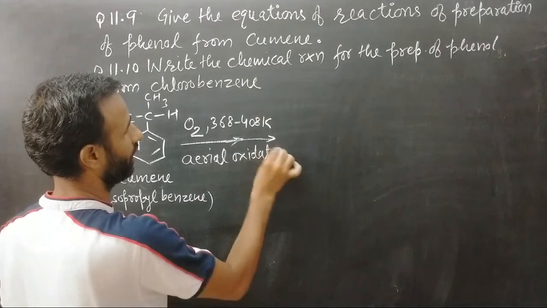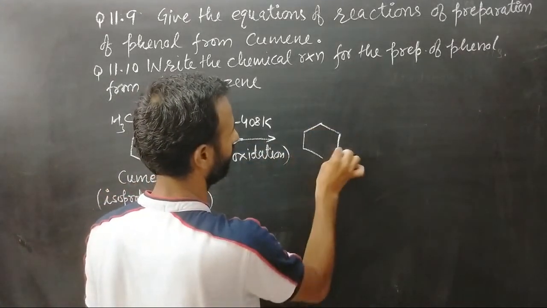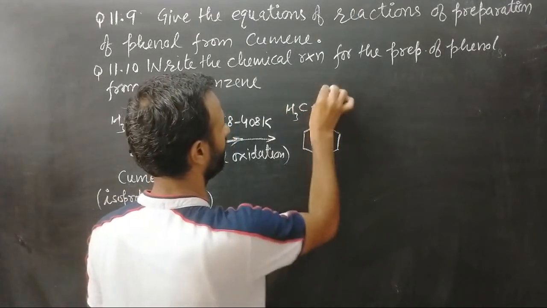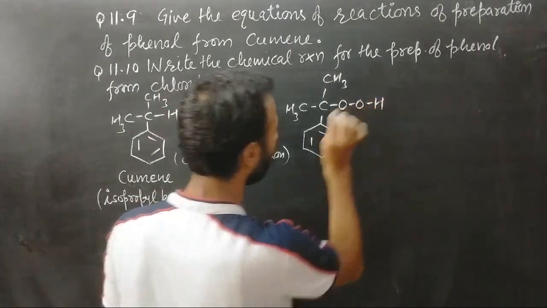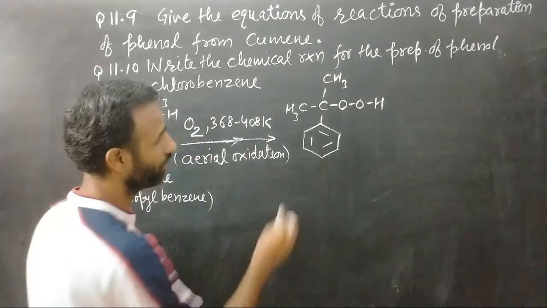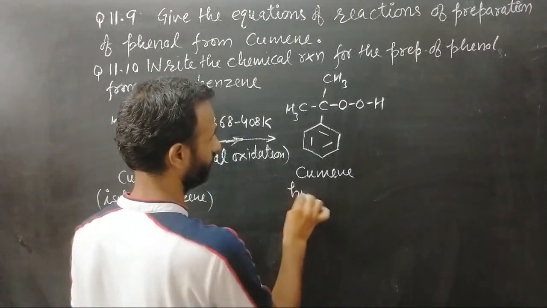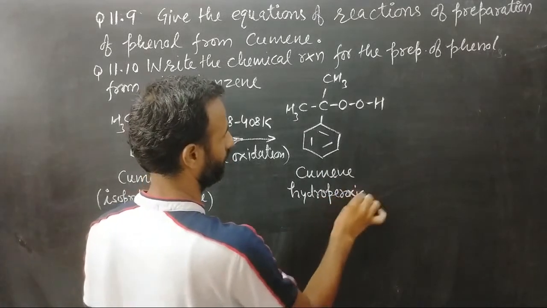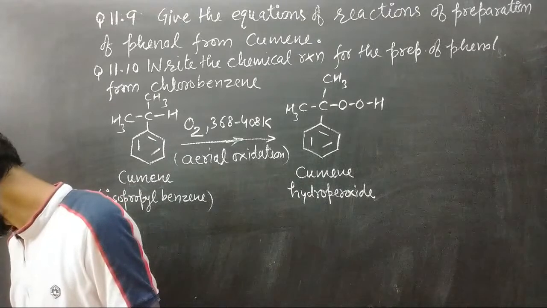So in the aerial oxidation, this CH will allow O2 to add, and we get cumene hydroperoxide. You have written it very good.